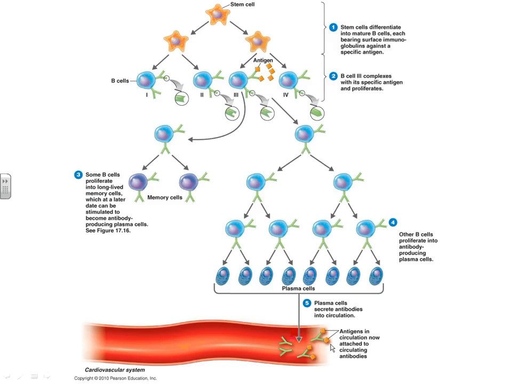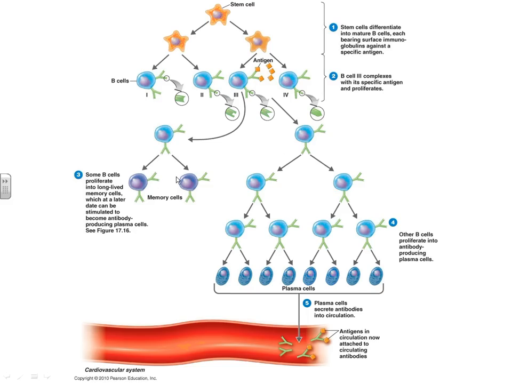Making the plasma cells to produce the antibodies is not the only thing going on here, though, right? Some of our activated B cells produce what we call memory cells. These memory cells are not going to do anything right now. They kind of hang back and remember that they were once activated and that they may in the future need to respond to this antigen. 2 months later, 2 years later, 20 years later, whenever this antigen comes back in our body, we don't have to wait for this step to happen.